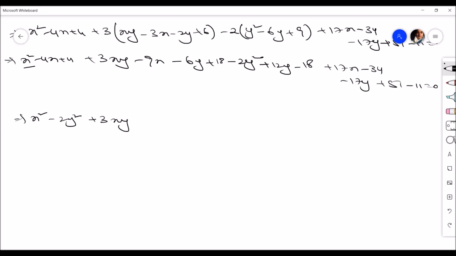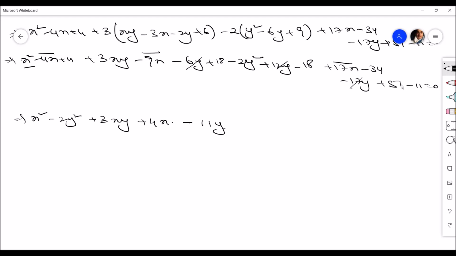Let's check all the x terms here. Minus 4x minus 9x plus 17x, which is nothing but plus 4x. Let's check the y terms here. Minus 6y plus 12y and then minus 17y, which is nothing but minus 11y.